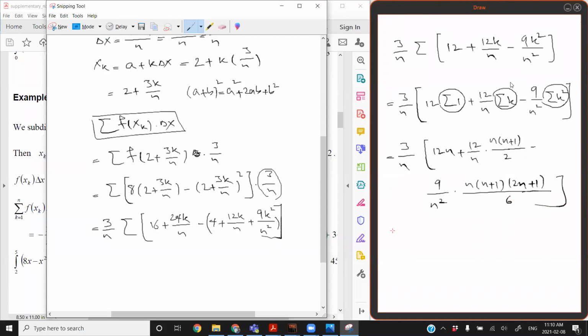Let's simplify that. If I multiply these two, I get 36. This n cancels this n.